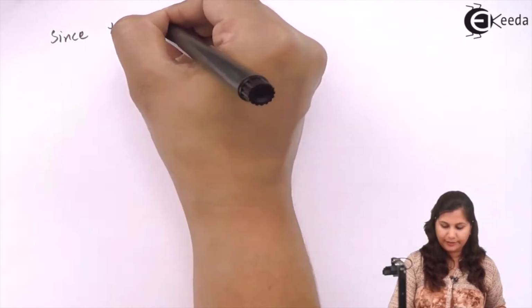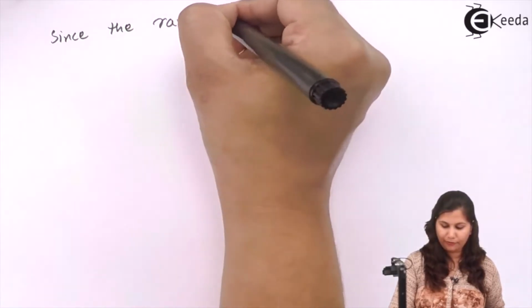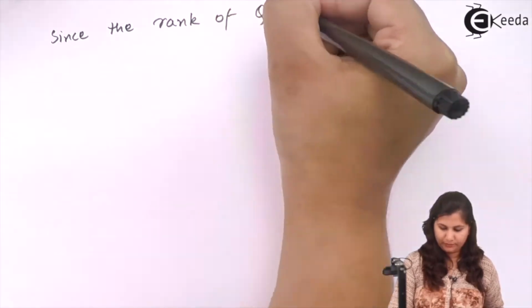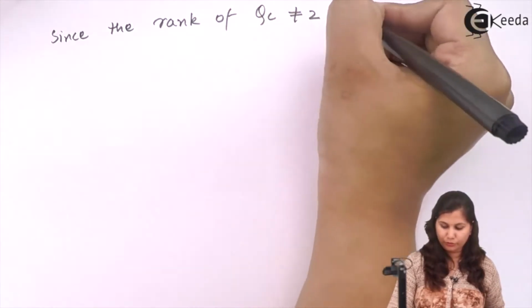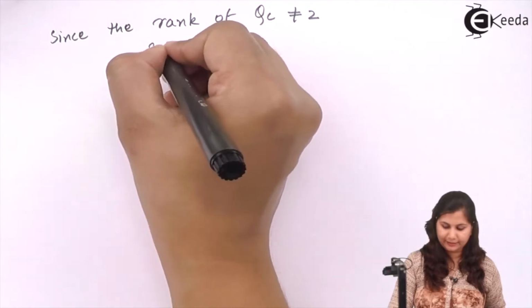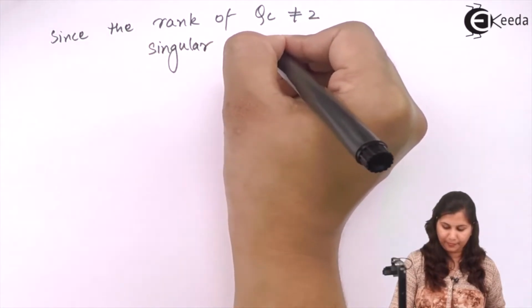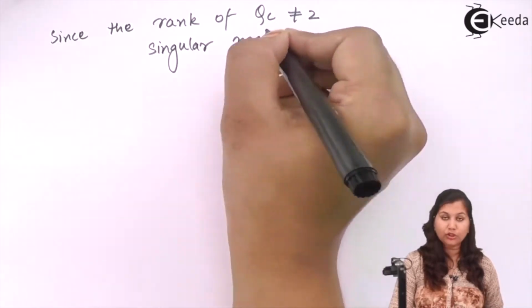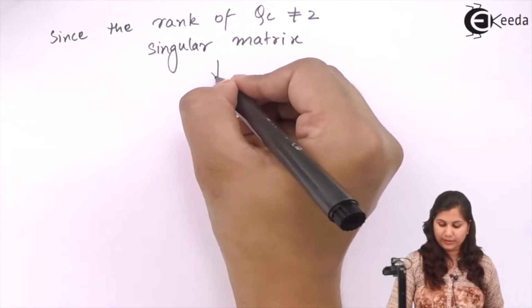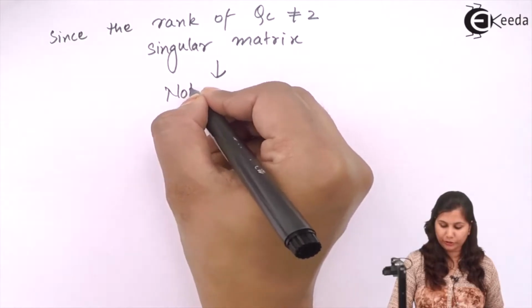Since the rank of the QC matrix is not equal to 2, we can say that it is a singular matrix. So this is a singular matrix, and the system is not controllable.